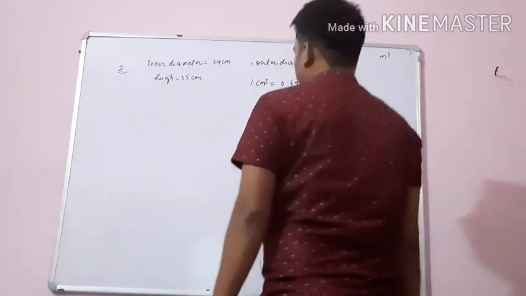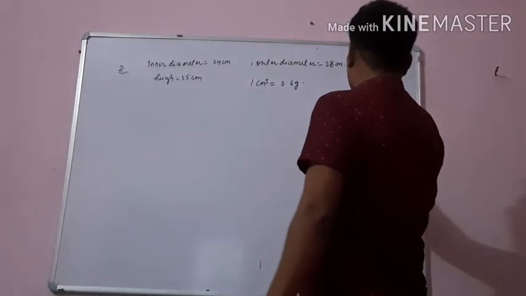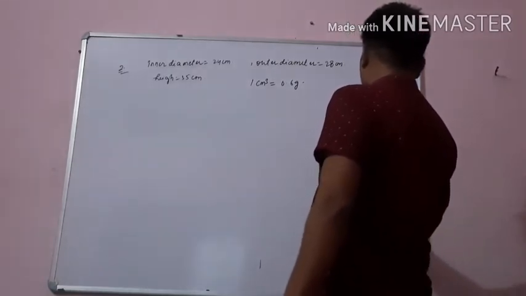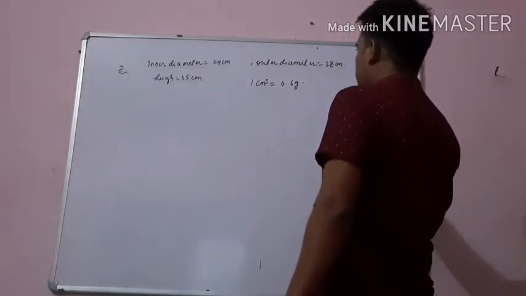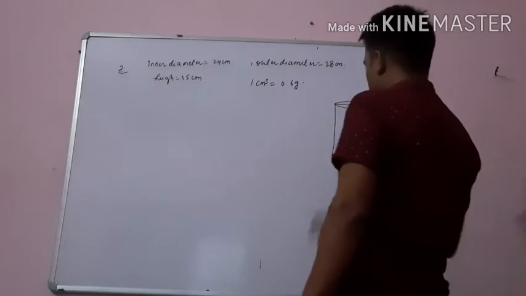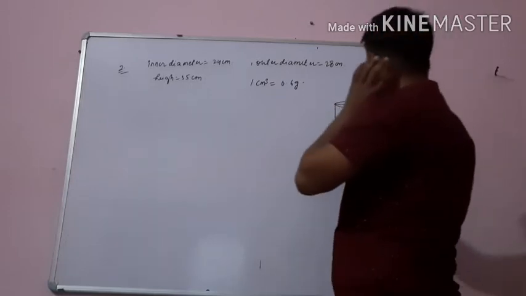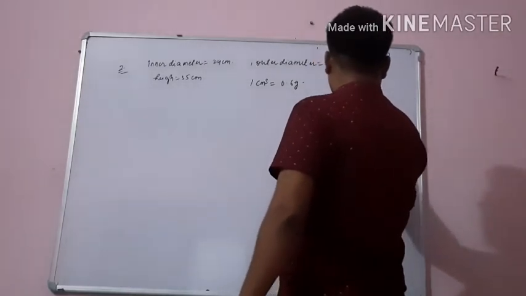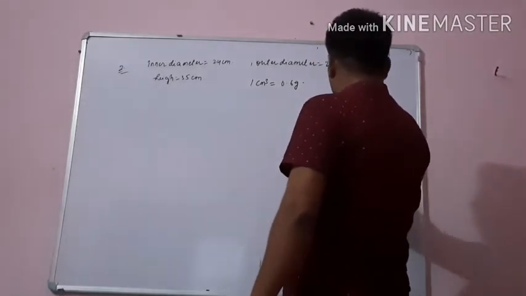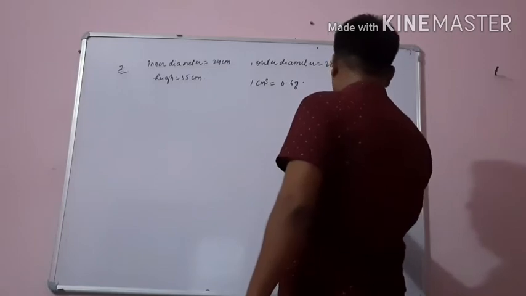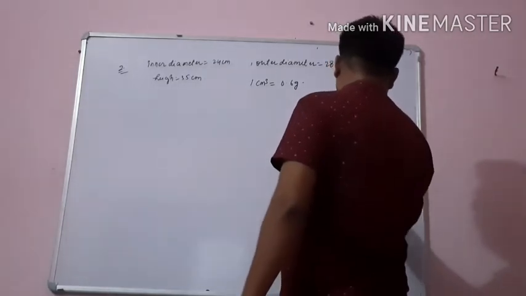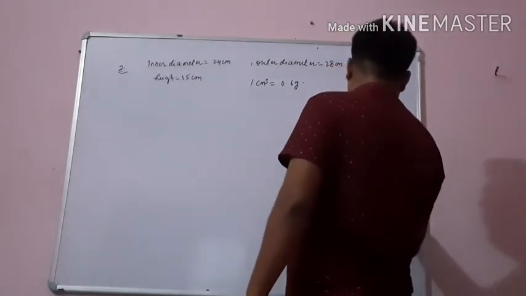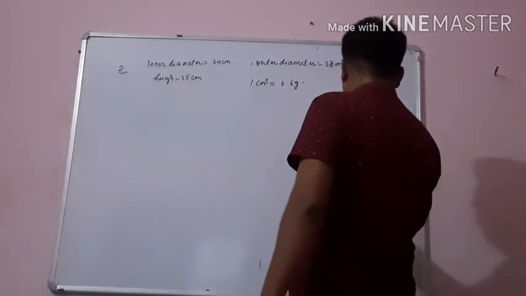First I am taking the inner diameter, 24 centimeter, and height is 35 centimeter and outer diameter is 28 centimeter. So the volume of the hollow pipe can be found out.